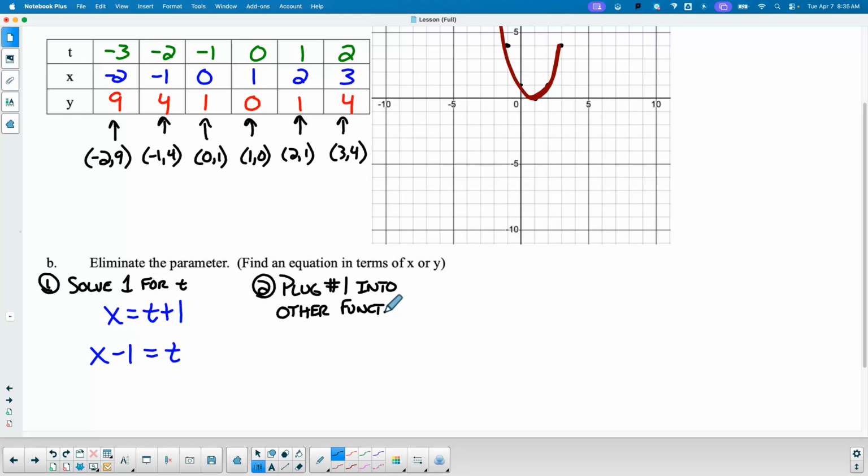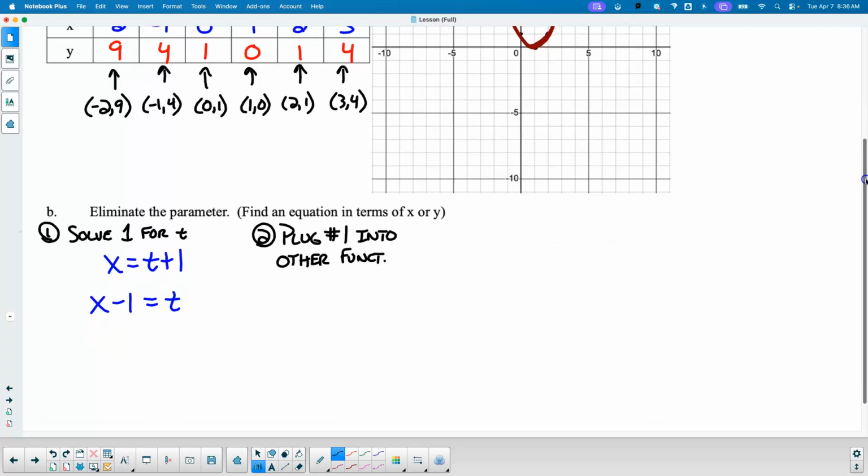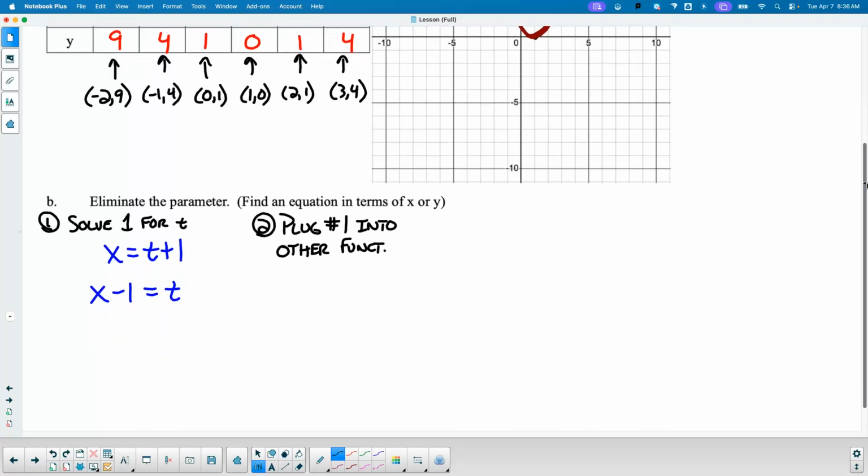So my other function was y equals t squared. So it would be y equals t squared. Well, then that would become y equals, now instead of t, I'm going to put in x minus 1, squared.